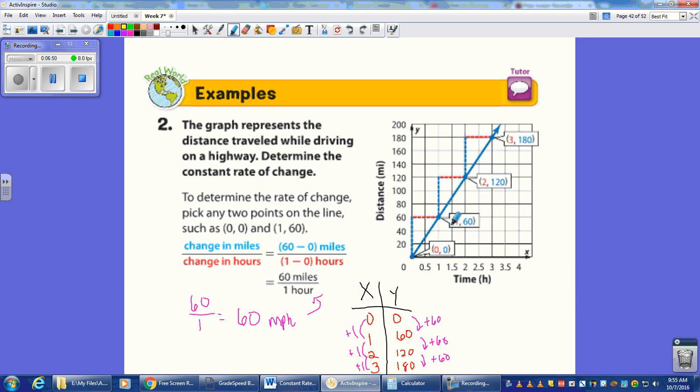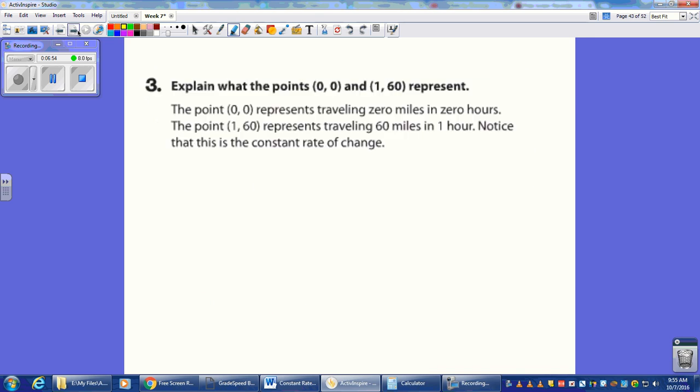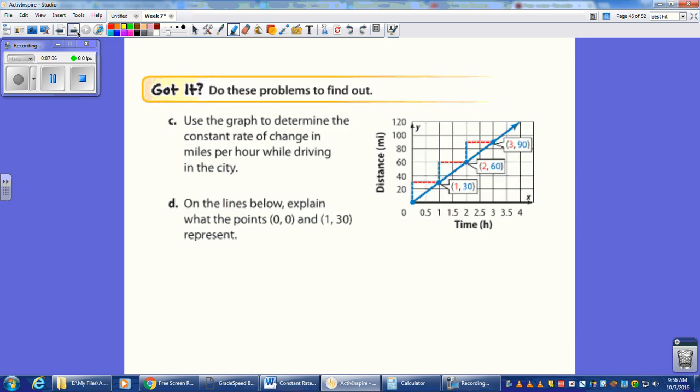So our constant rate of change was 60, which we already discovered. 0, 0 represents in 0 hours you travel 0 miles, and 1, 60 represents 60 miles in 1 hour. That's how far we traveled.